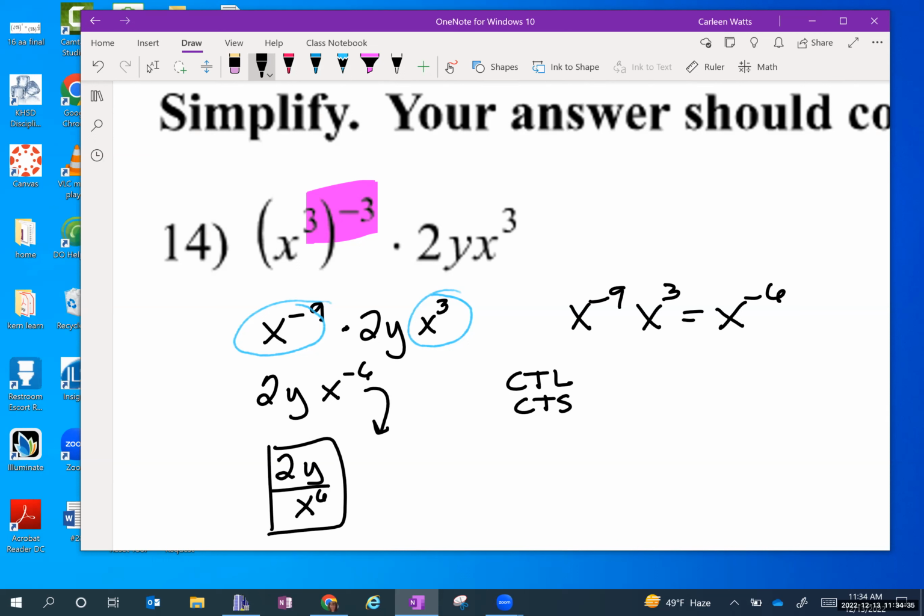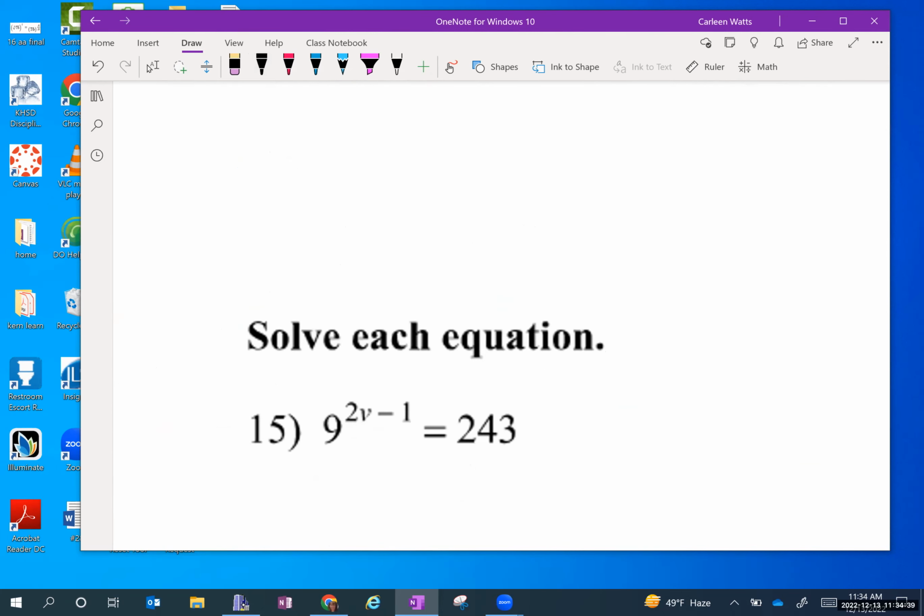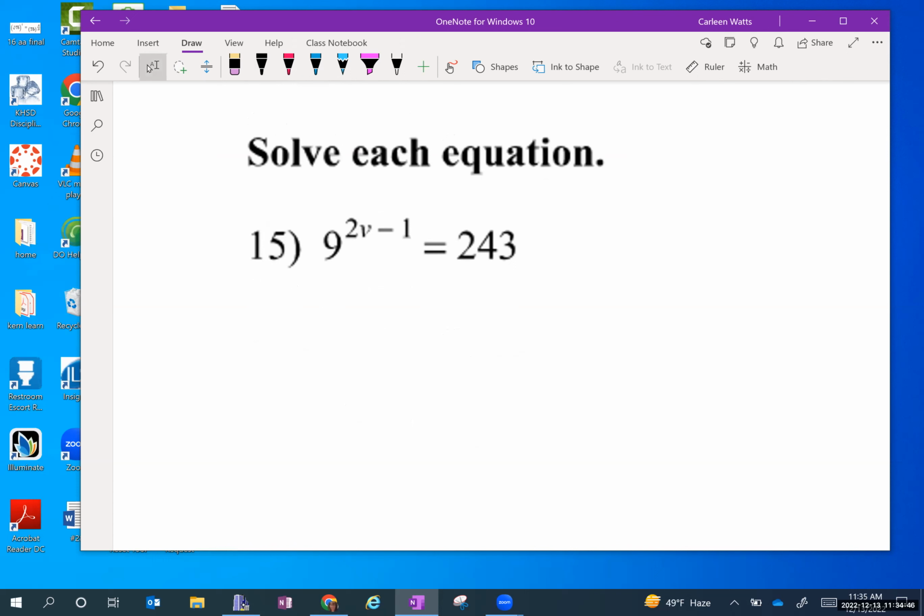$15. 2 votes for 15. Okay. 9 and 243. Step 1. Let's check the chart of powers. 9 and 243.